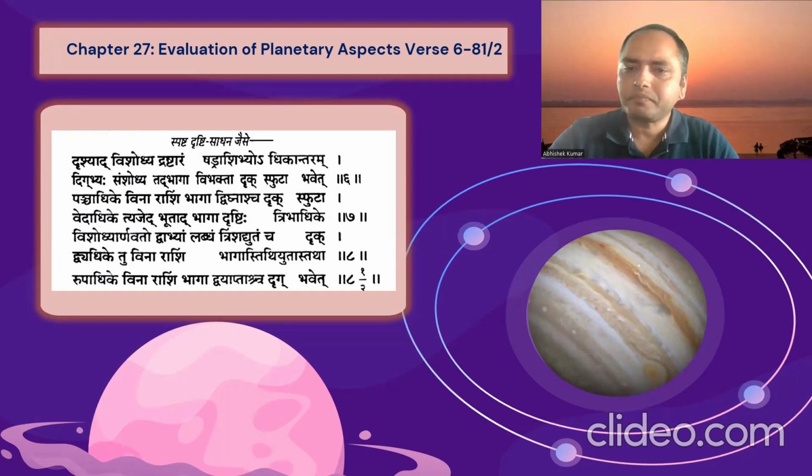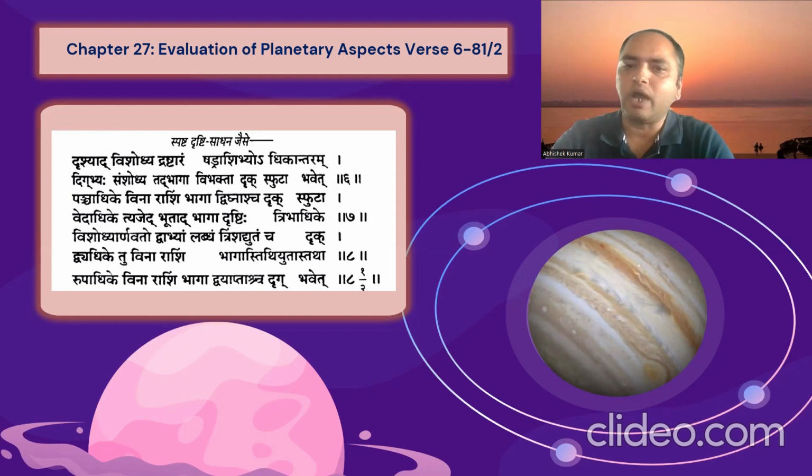One thing is very important. If the aspectual angle, drishti kon, if the longitude of the aspected is less than the longitude of the aspector, then how will you deduct?